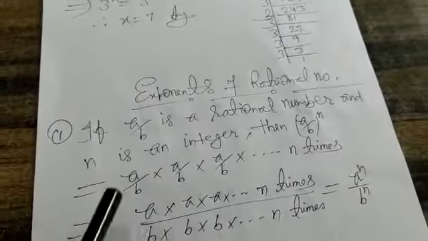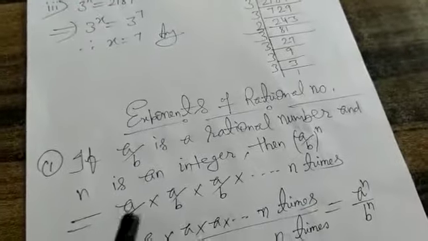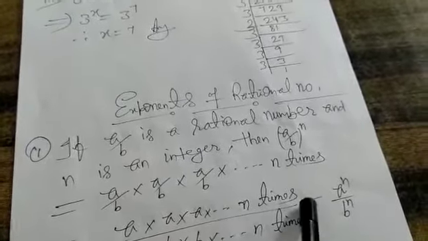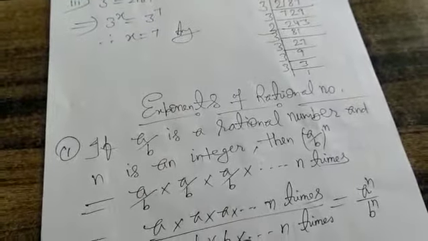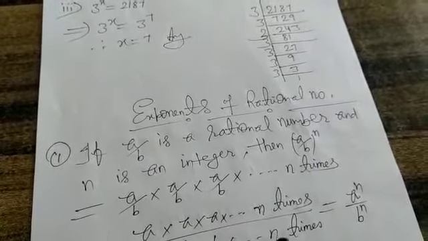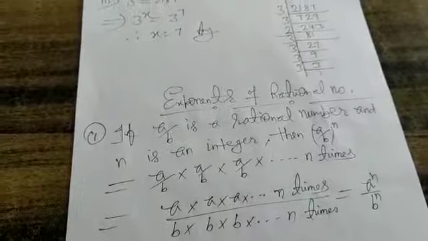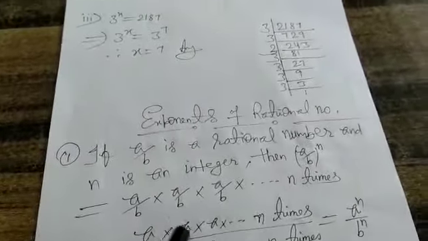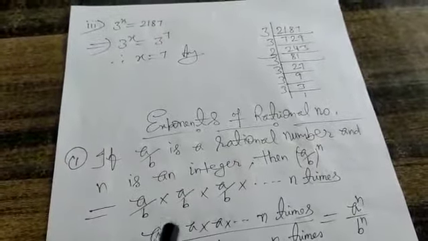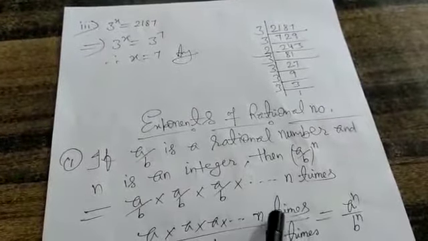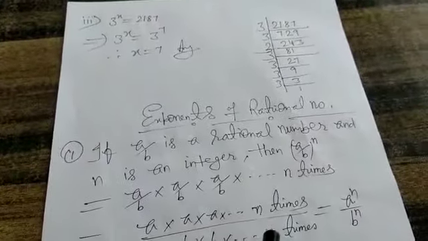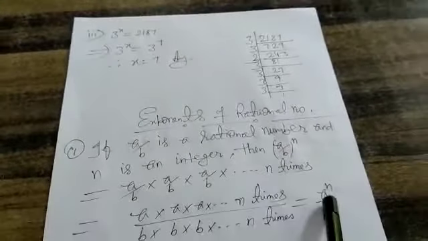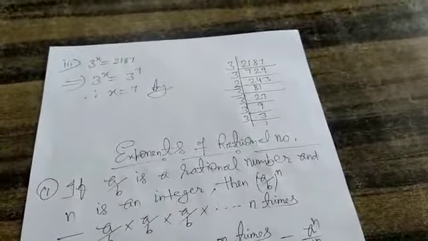So you can write a cross a cross a cross dot dot dot n times, and b cross b cross b cross dot dot dot up to n times. Since numerator a and denominator b both are repeated n times, we can write a to the power n divided by b to the power n.